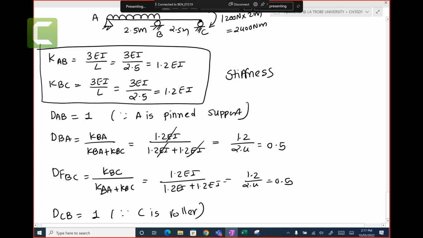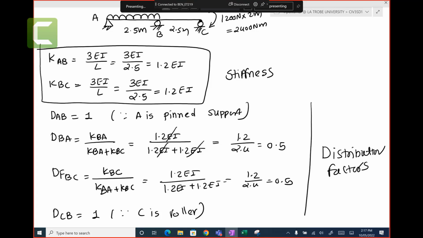Because C is roller, right? So this is all pin roller. Distribution factor is 1.